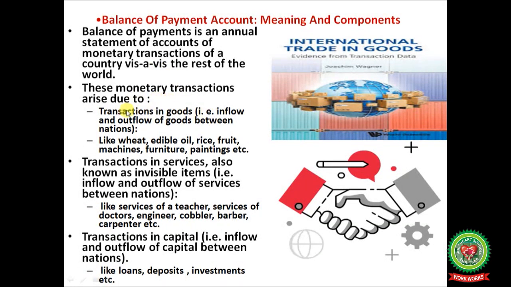These monetary transactions arise due to transactions in goods, that is inflow and outflow of goods between nations like wheat, edible oil, rice, fruit, machines, furniture, paintings, etc. Transactions in services, also known as invisible items, that is inflow and outflow of services between nations like services of a teacher, doctor, engineer, cobbler, barber and carpenter, etc. Transactions in capital, that is inflow and outflow of capital between nations like loans, deposits, investments, etc.